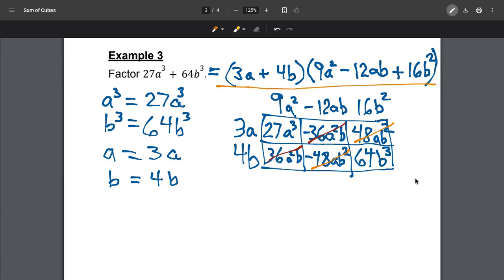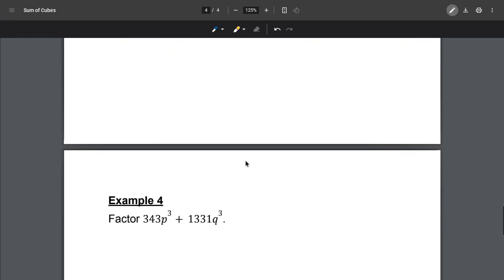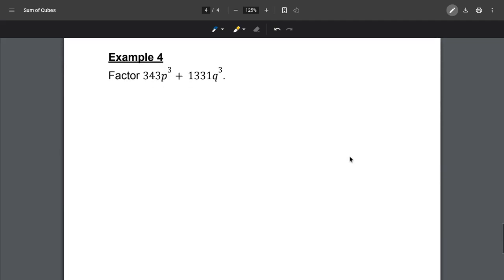Okay, one more problem. All right, example 4 here, we've got 343p cubed plus 1331q cubed.